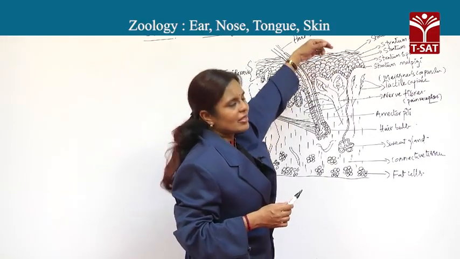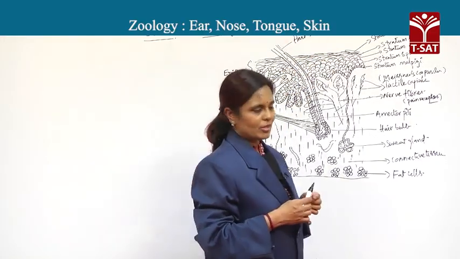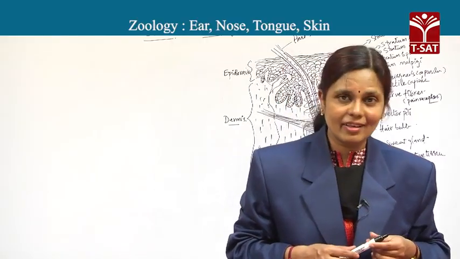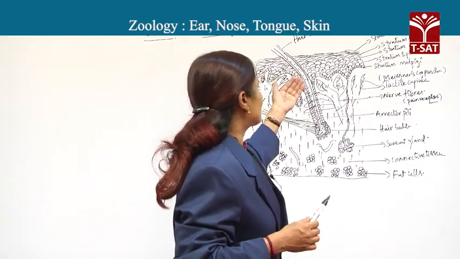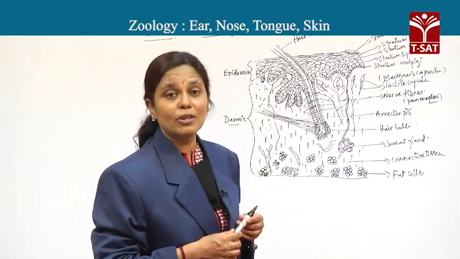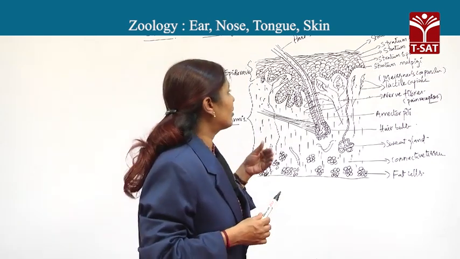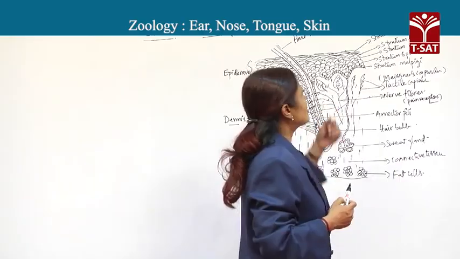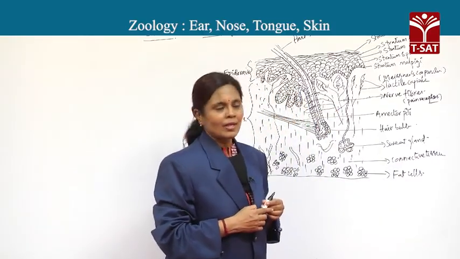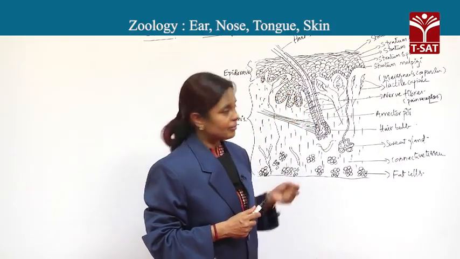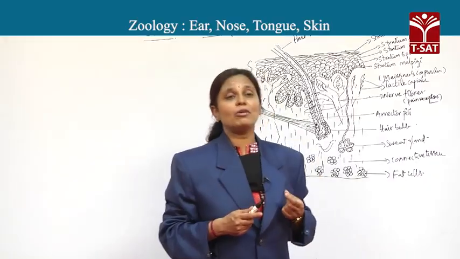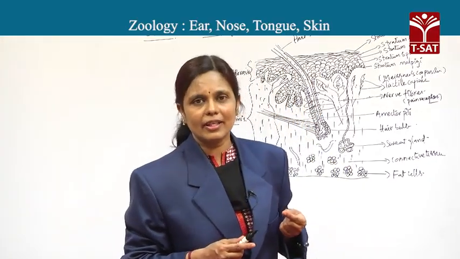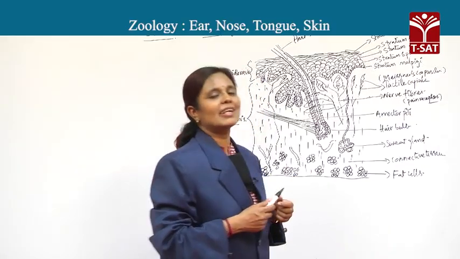Next, above this stratum lucidum is the uppermost layer of very much flattened scale-like cells called stratum corneum. Why the name corneum? Because the cytoplasm of these cells is mostly occupied by a dead and horny protein, which you call keratin.